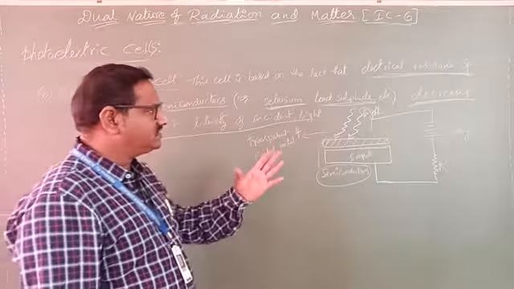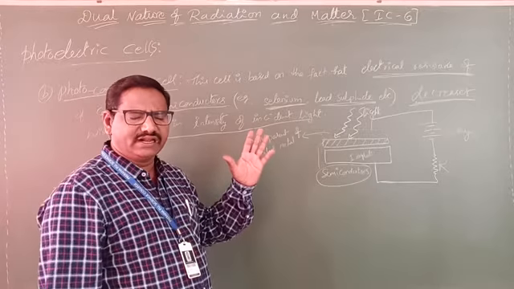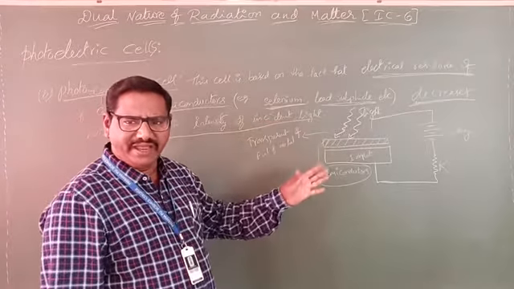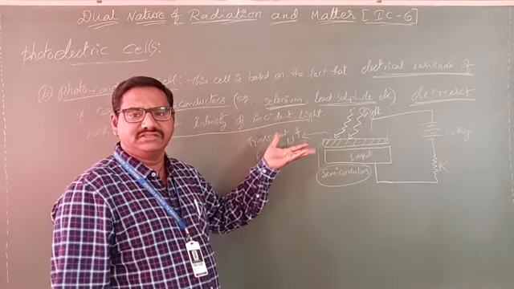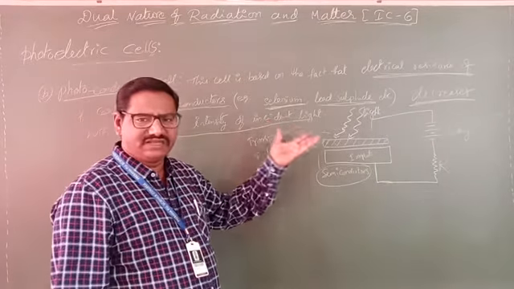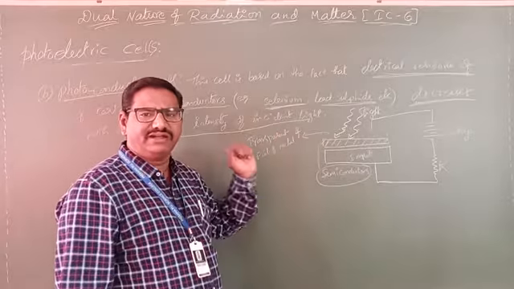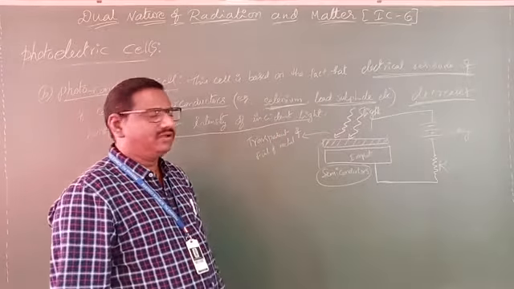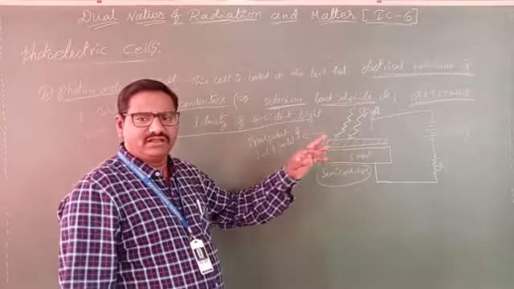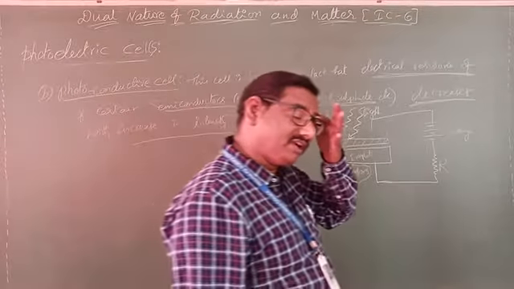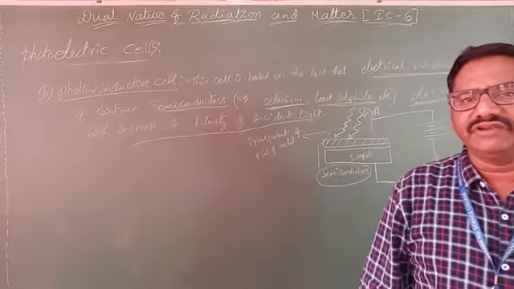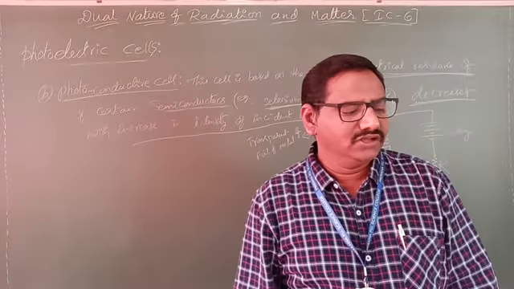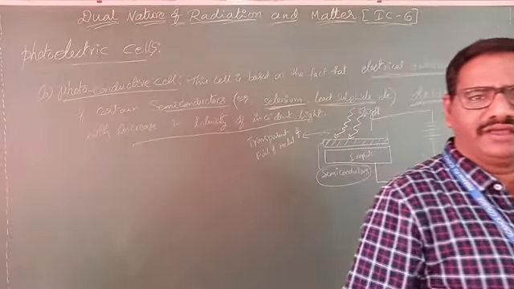If the electrical resistance of the semiconductor decreases, it means the conductivity of that cell is increased. But here one drawback is there. What is the drawback? If light is incident, the change of the current will take a little time lag. So it is the main drawback.